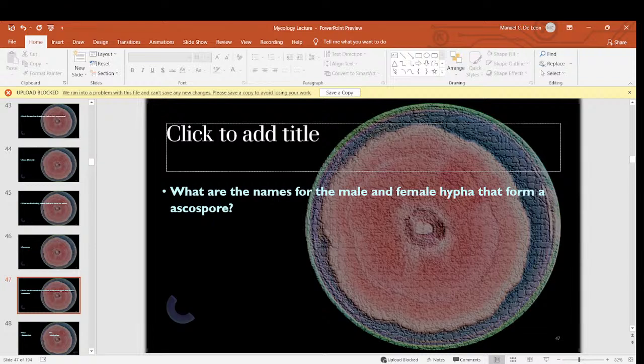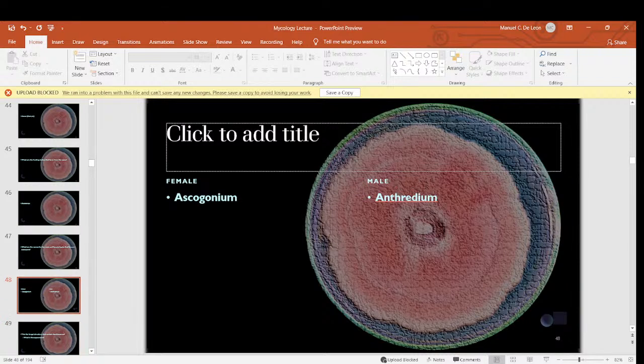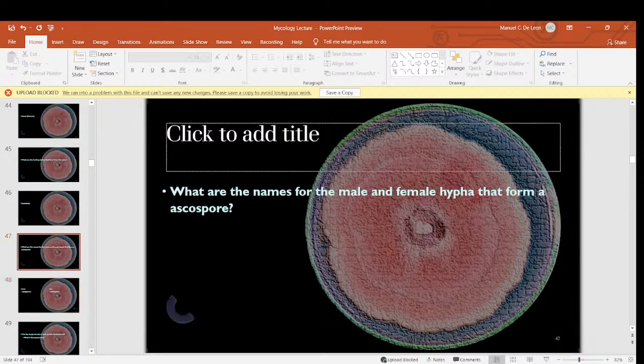All right, names for the male and female hypha that form an ascospore. This is what you call the ascogonium, or oogonium, or basidiogonium. And then for the male, the male form is the antheridium. Please be mindful of these terms, because I think in one of my friends' ACP exams, this was asked.